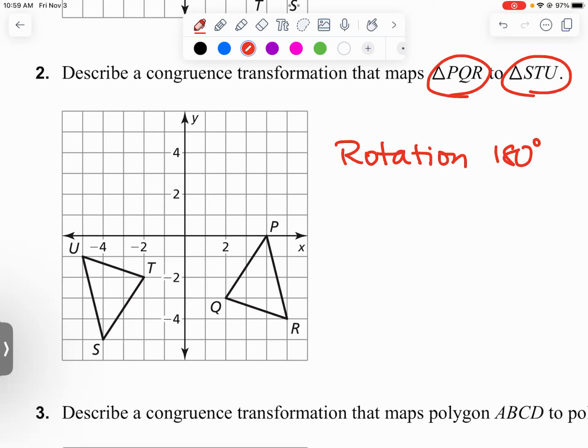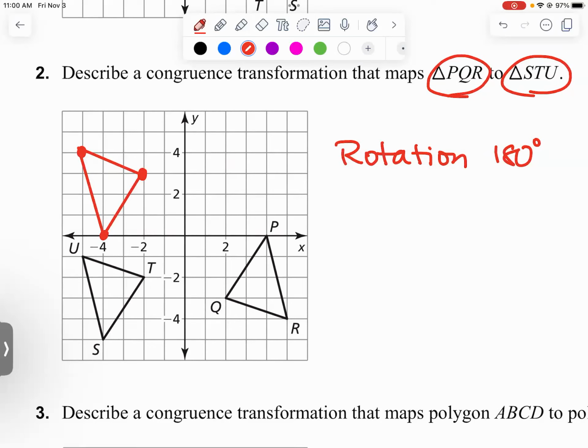I can tell that this triangle is upside down from this one, which means there is a rotation. So if I rotate it 180 degrees, we would have 4, 0, 5, -4, and 2. We would have this right here.